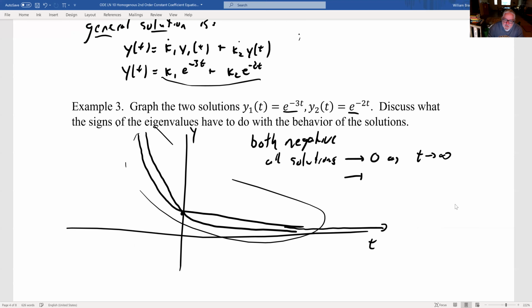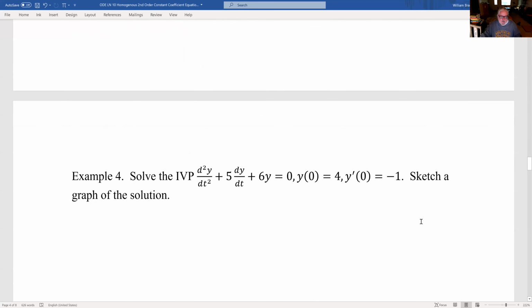And they go to infinity, plus or minus infinity, as t goes to minus infinity. All except for the case where k1 equals 0 and k2 equals 0, and then the solution is just y equals 0. So negative eigenvalues means that you go to 0 in forward time and you come from positive infinity.